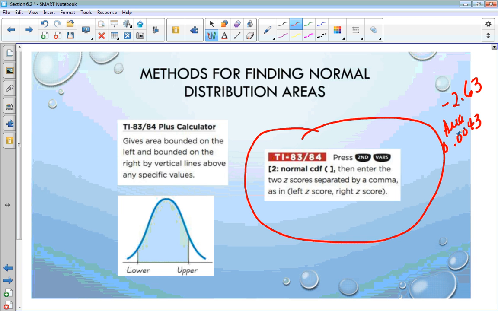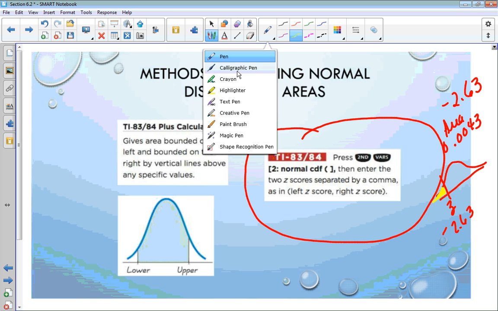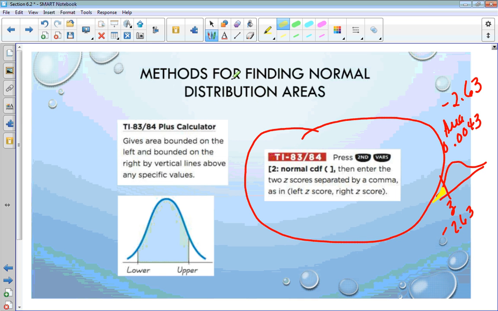Keep in mind that the table consistently will give you the area under the curve, whatever z is, from that point to the end. That's how that table reads. Sometimes we don't need that area. Sometimes we have to do some work to get the area we need. Okay, let's see if my calculator has loaded.